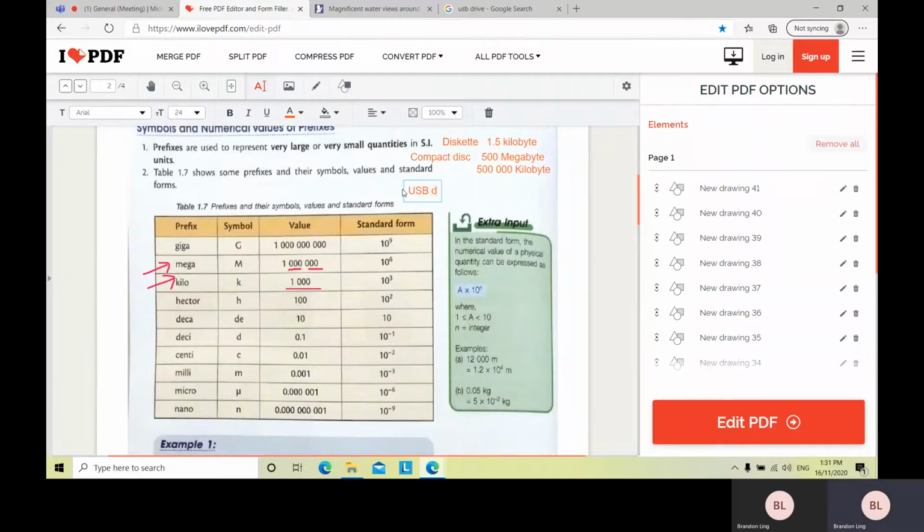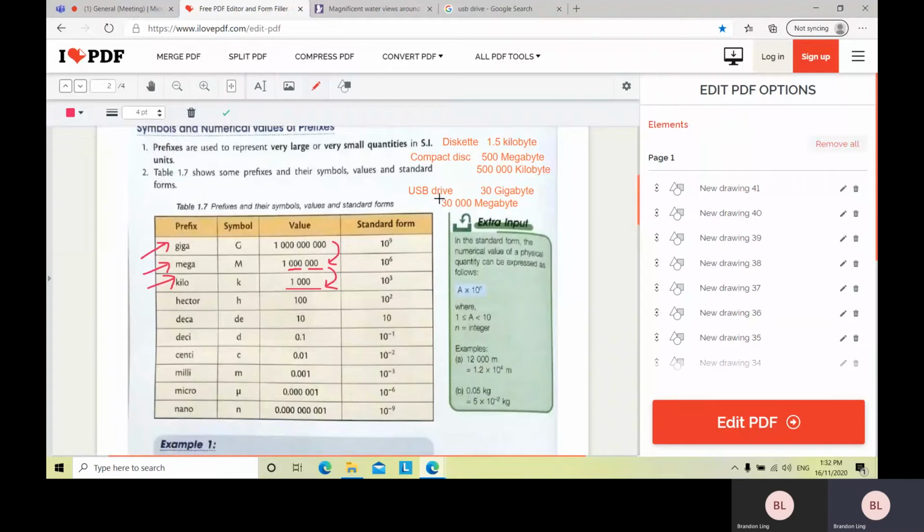Maybe you can easily get a 30 gigabyte USB. In fact, 30 gigabytes is equivalent to 30,000 megabytes. From giga, you multiply by another 1,000 to get mega, and from mega, you multiply by another 1,000 to get kilo.